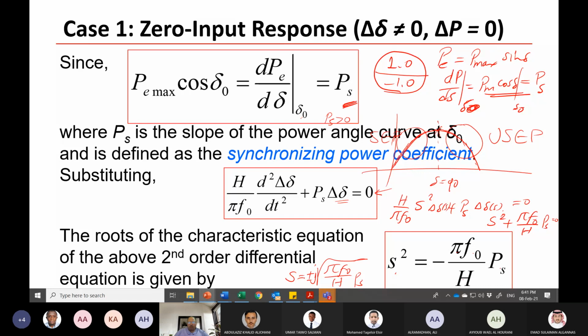As you can see, the roots are on the imaginary axis. So the roots S1, S2 equal plus J times this value or minus J times this value. These are the roots of this characteristic equation.